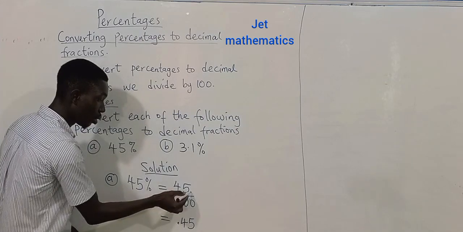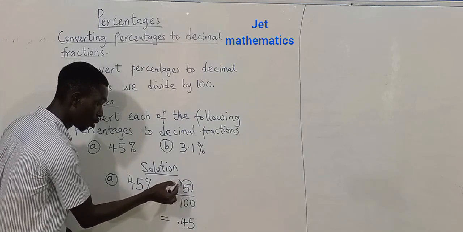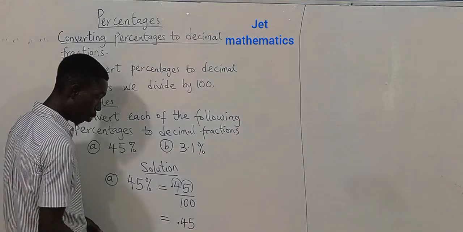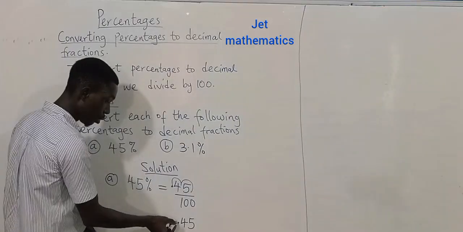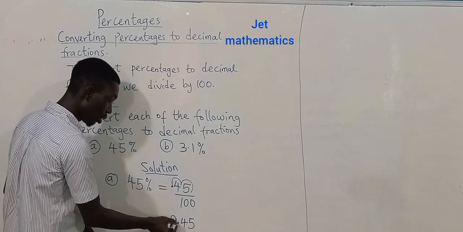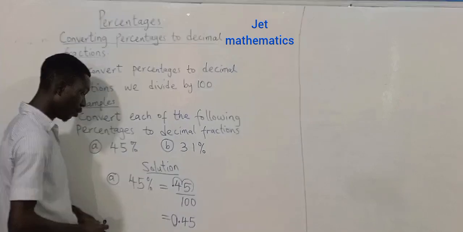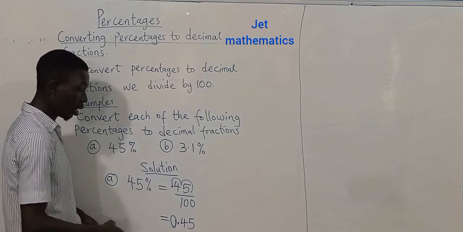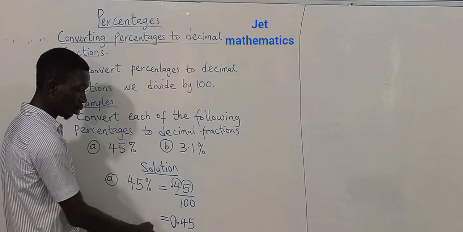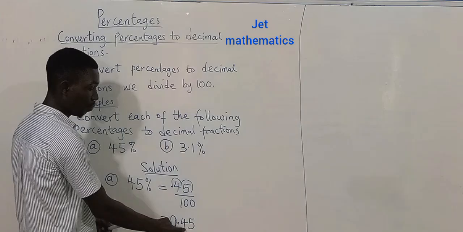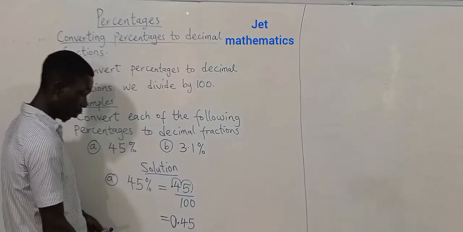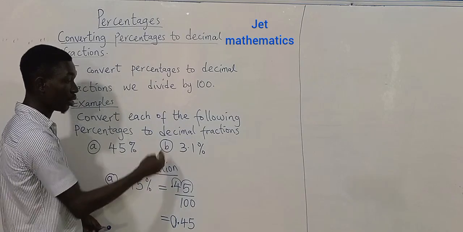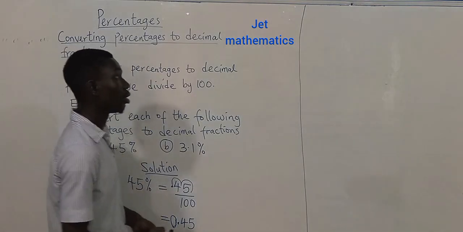Since here is empty, we can fill it with 0. So 45% as a decimal fraction is 0.45.